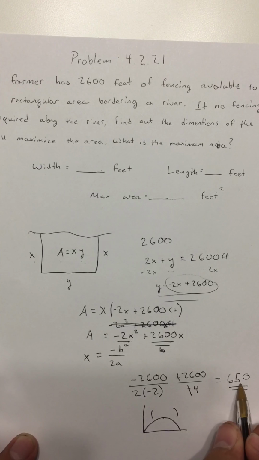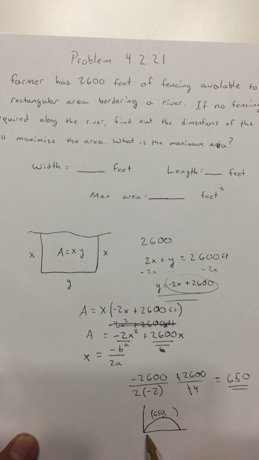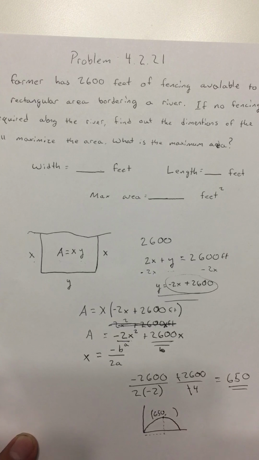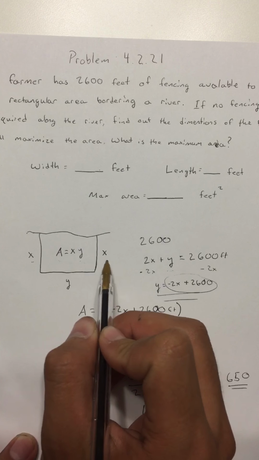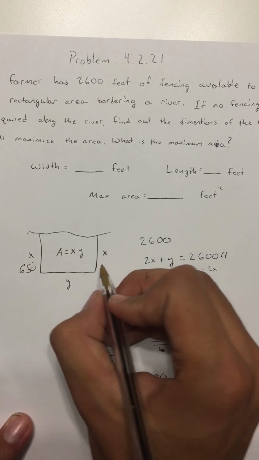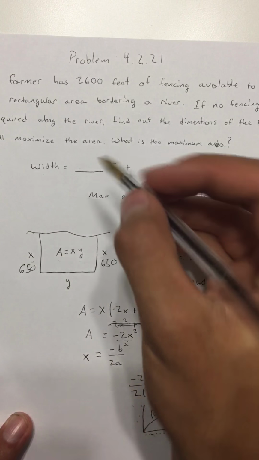The x portion of that is 650, so that is this way, and then later we'll actually need to find this one as well, but that's just kind of a way you can look at that. So this 650 now can be plugged into both of these x's here. 650, 650. Now these actually are the answer to this right here.